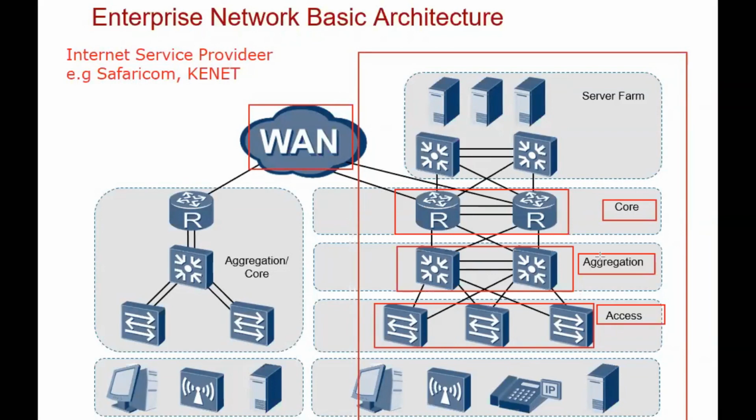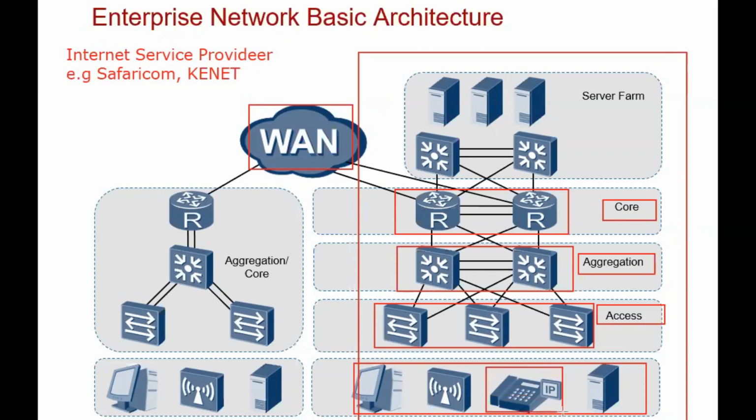Now, let me skip the aggregation first and come to the access layer. The access layer is used to connect to your end devices. These end devices are also called access devices, or they're referred to as hosts. So a host can be a PC, a laptop, a tablet, an IP phone.